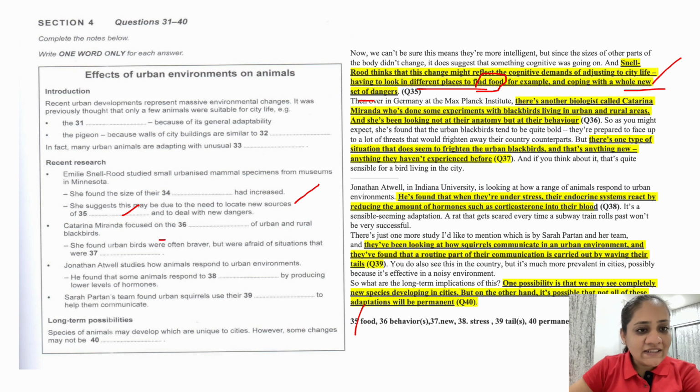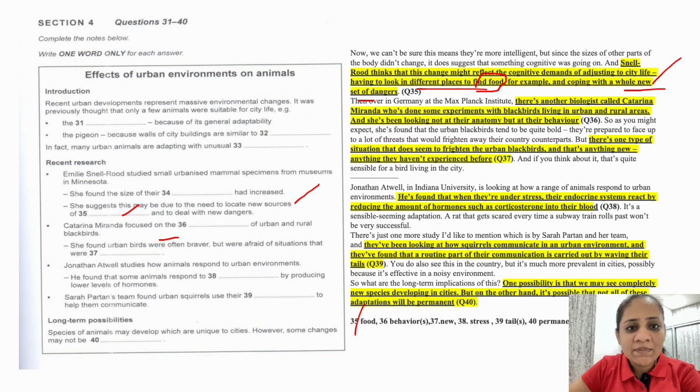Let's see the next number, 36. Miranda focuses on the dash of urban and rural blackbirds. So Miranda and blackbirds are both keywords that you have to listen for. Let's see what the audio script gives.